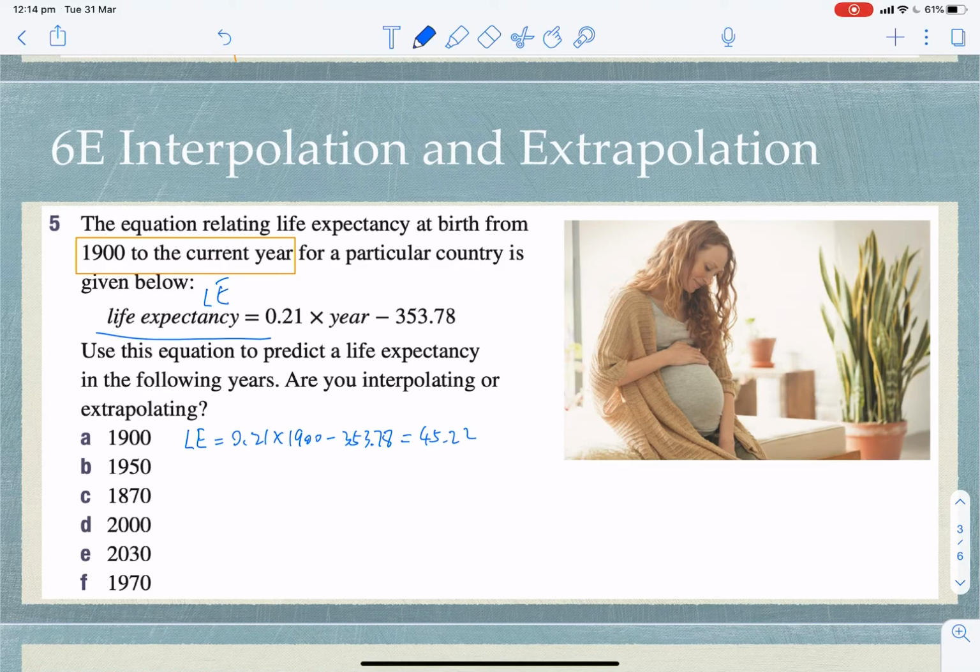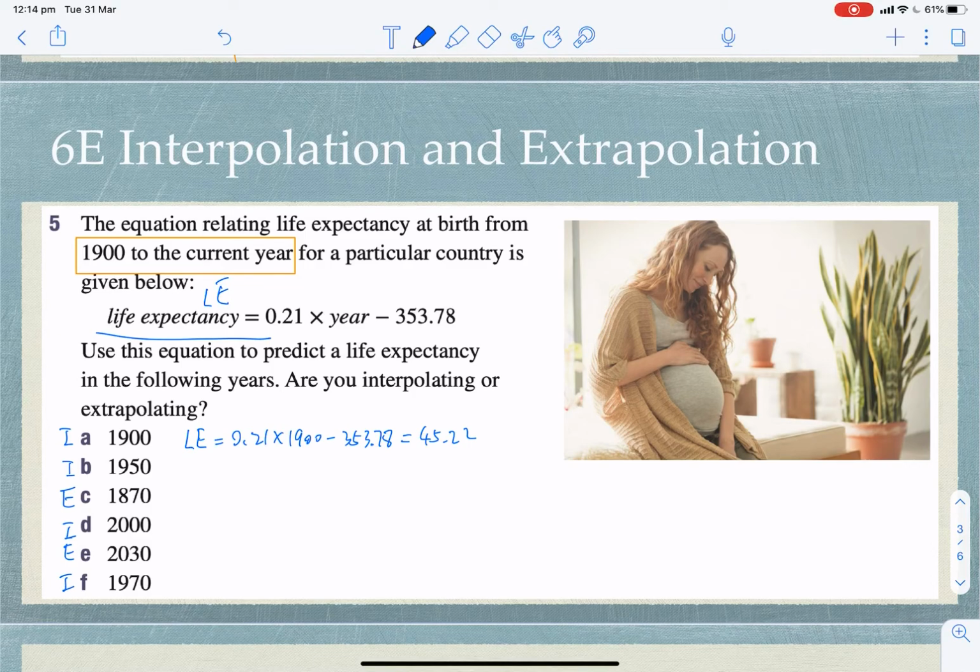Okay, so that would be interpolation. Anything inside will be interpolation. This will be extrapolation because it is before 1990. 2000 is also interpolation. We're not at 2030 yet, so it's extrapolation, and this is also interpolation. Okay, you can work the rest out.